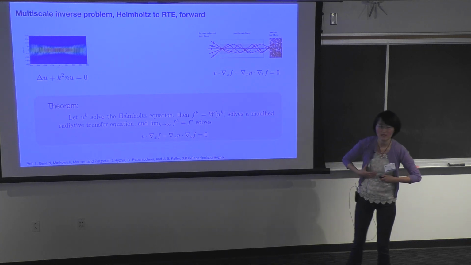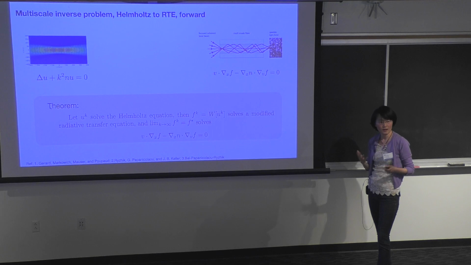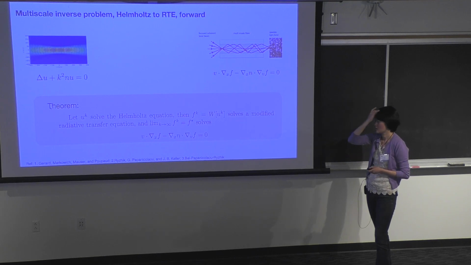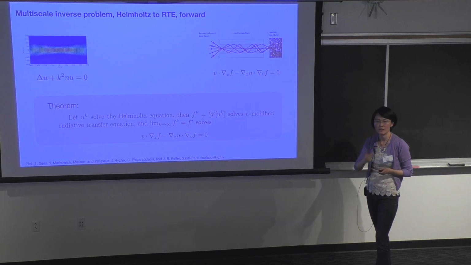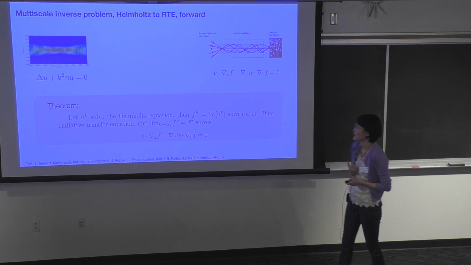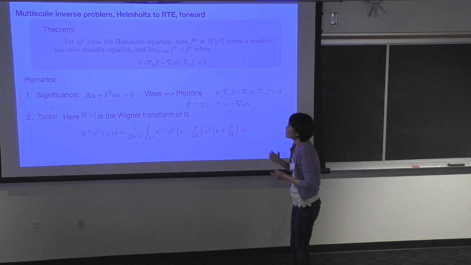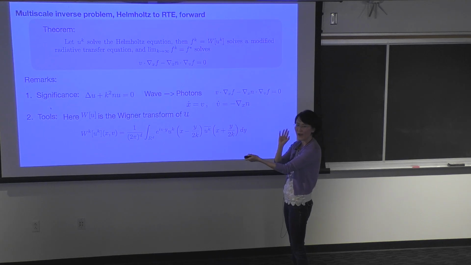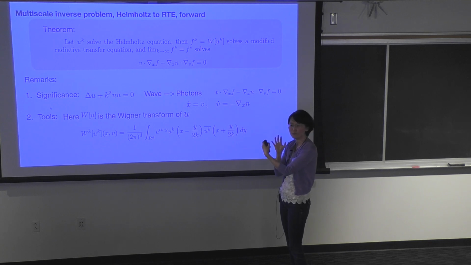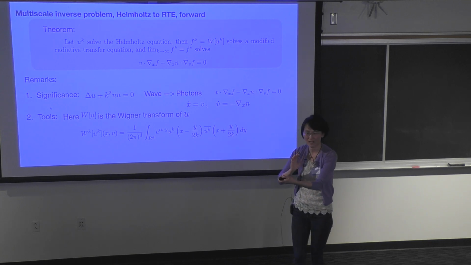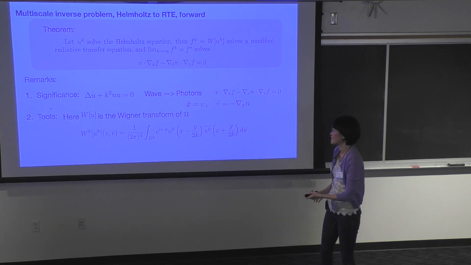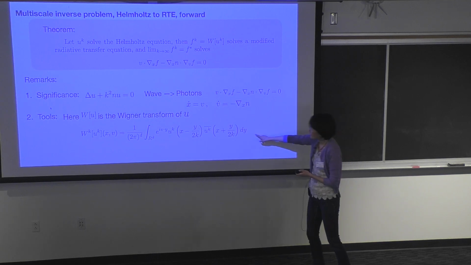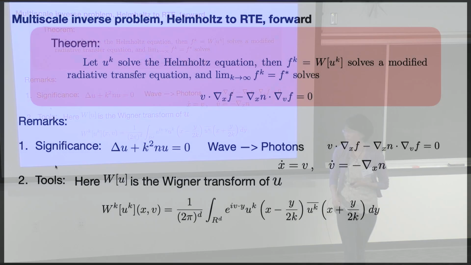So in some sense, we are saying that photons, as a particle interpretation of light, also satisfy the Newton second law. The significance of this result is that it links the wave description with a particle description. So it partially answers what Einstein projected a century ago. The Wigner transform is this complicated form that I'd like to remind you of.